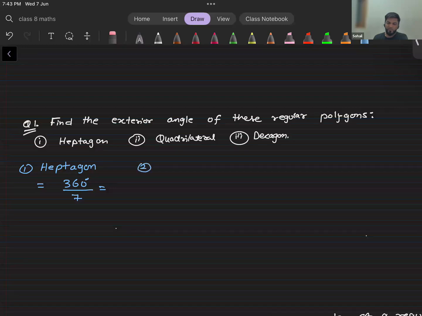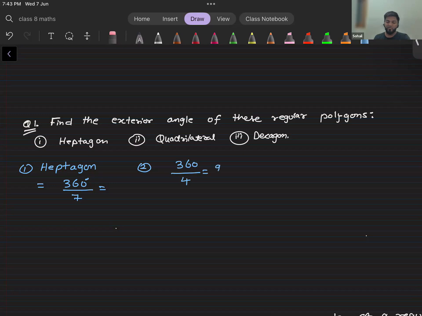Okay, what is the exterior angle for a quadrilateral here? Yes, it is going to be how much? 360 upon 4.